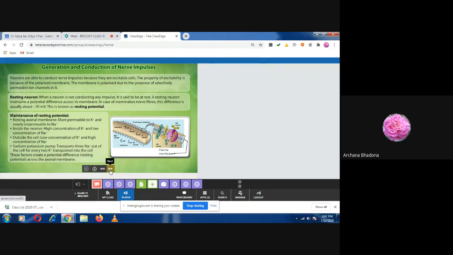This is a complicated process, children. Try to understand very nicely, and it's very, very important. It will be asked for 5 marks in long questions: how the nerve impulse conduction takes place along the nerve fiber. So everyone should know why the nerve impulse conduction takes place in electrochemical form. Because they are excitable cells.